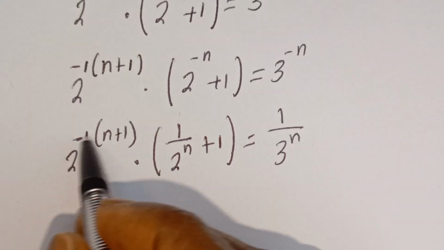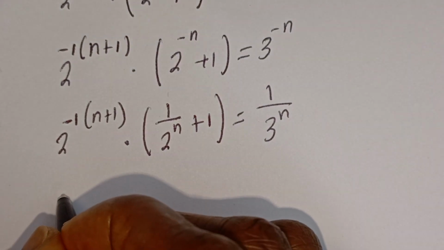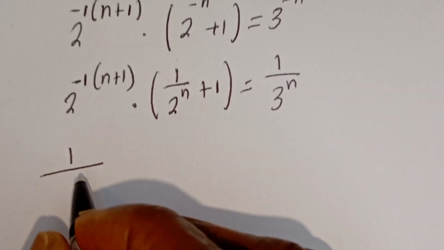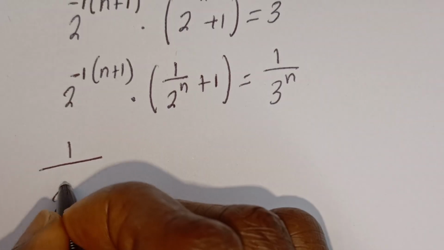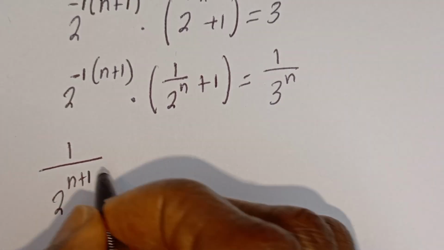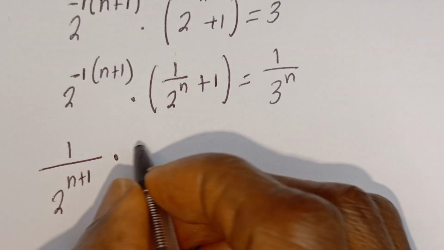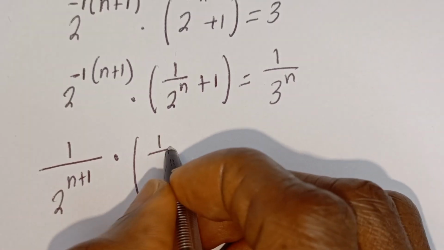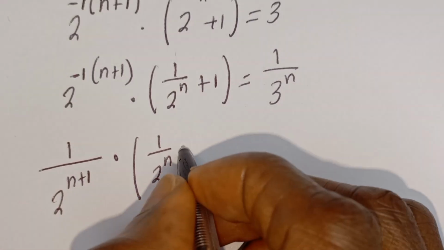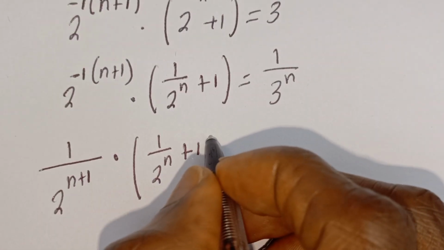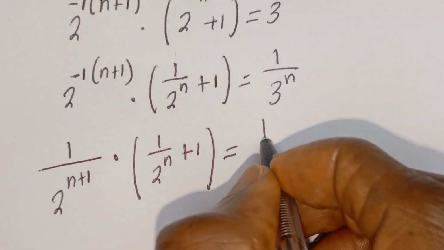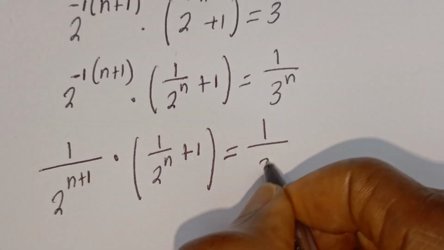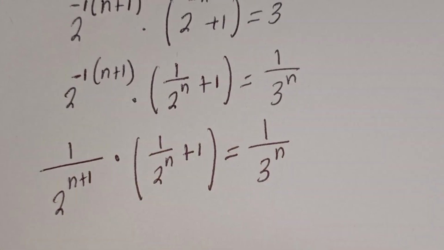Now, this can be written as, if you take the reciprocal, we have 1 divided by 2 to the power of n plus 1 multiplied by 1 divided by 2 to the power of n plus 1 is equal to 1 divided by 3 to the power of n.